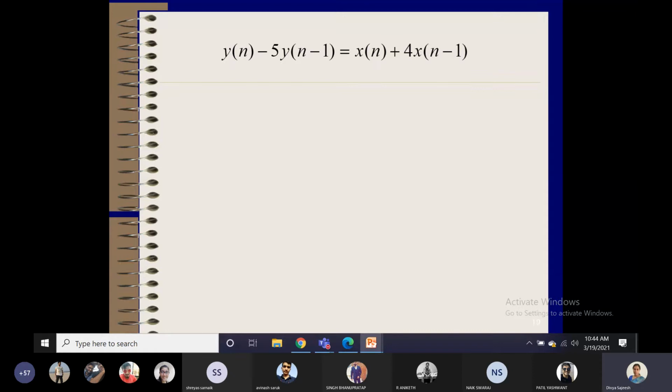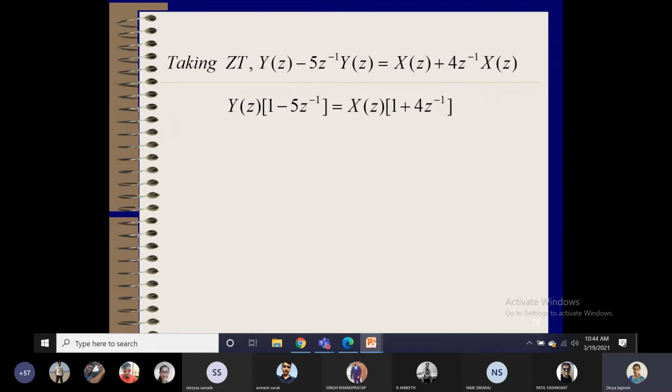So apply the Z transform. So Y of z minus 5 z inverse Y of z, since it is y of n minus 1 that is shifted, so multiply with z inverse, equal to X of z plus 4, again x is shifted by 1, so 4 z inverse X of z. Segregate the Y of z and X of z terms.